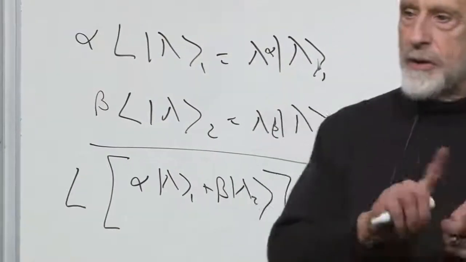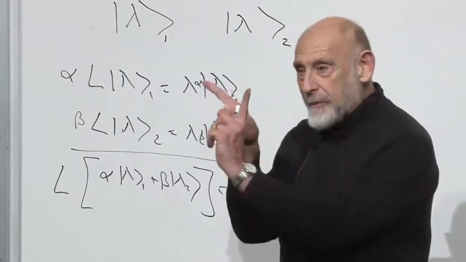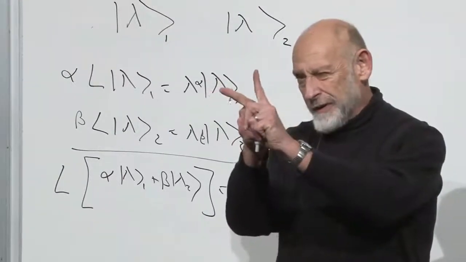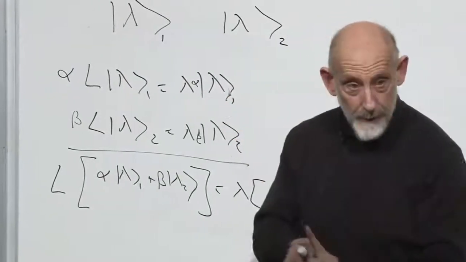Now, given two distinct vectors, and all the possible linear combinations of them, you can always find perpendicular combinations. You can always add them or subtract them with coefficients to make them perpendicular.